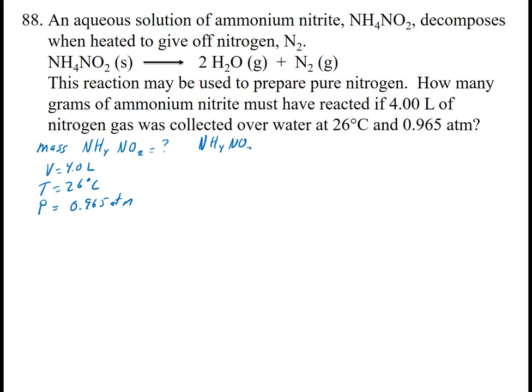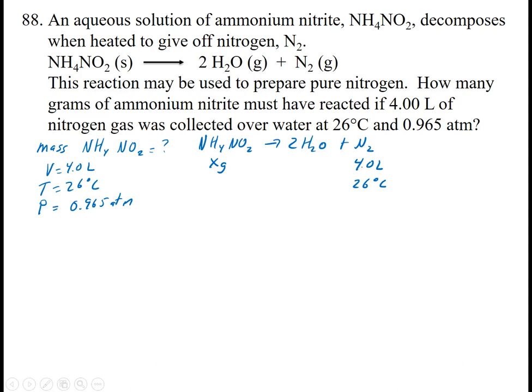I'm going to write down the reaction and put the information. This is what we want to know here. We're told that we have 4.0 liters, 26 degrees C, and 0.965, but actually that's not the pressure of nitrogen, so we have to find the pressure of nitrogen. We'll start out by doing that.